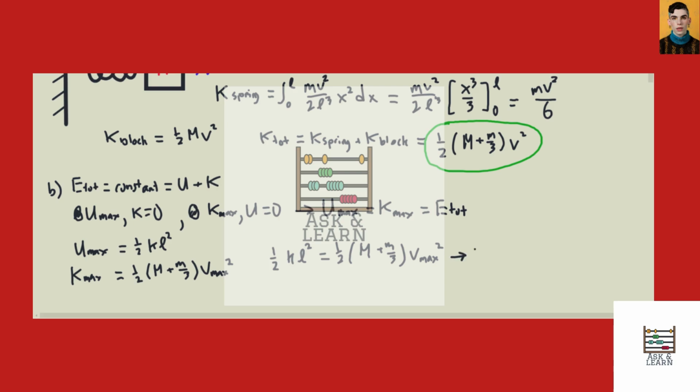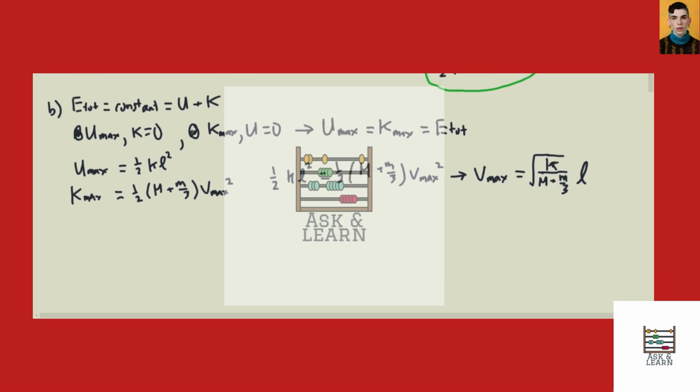And from there we get the value for v max equal to square root of K, our spring constant K, over big M plus little m over 3, and all that times L. Okay, so we've got an expression for our maximum velocity in terms of K, big M, small m, and L.